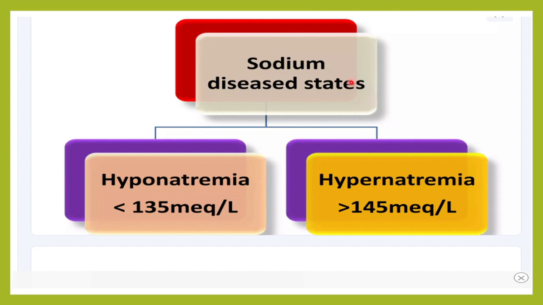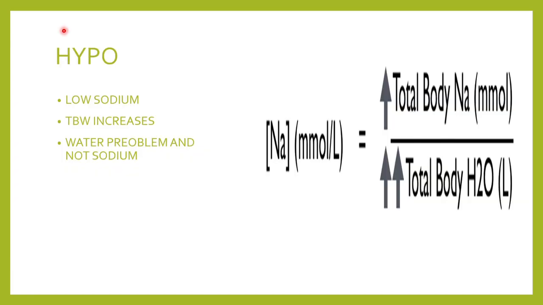So in sodium diseases, we have two main categories. One is hyponatremia and the other is hypernatremia. Hyponatremia is when the sodium concentration is less than 135 milliequivalents per liter, and hypernatremia is when the concentration of sodium is more than 145. So sodium and water play an important role in maintaining the balance in our body.